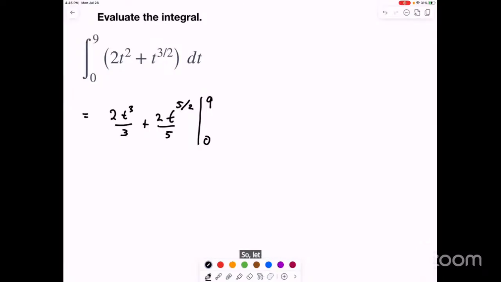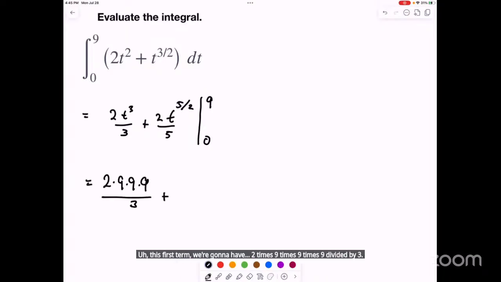Okay, here, let me do this real quick. When we plug in 0, it's going to collapse to 0, so we can ignore that for right now. This first term, we're going to have 2 times 9 times 9 times 9 divided by 3 plus the square root of 9, which is 3.